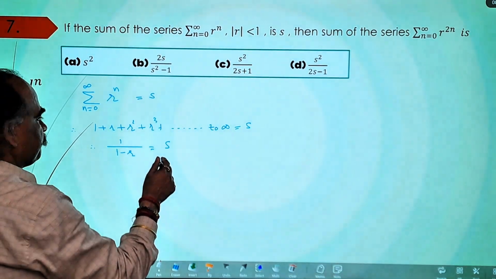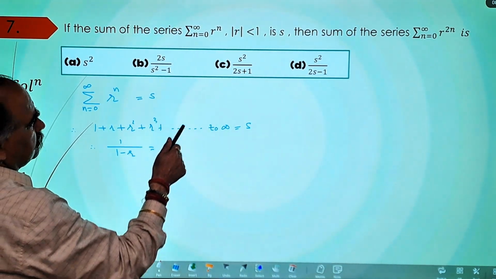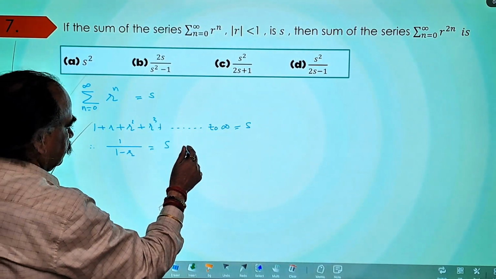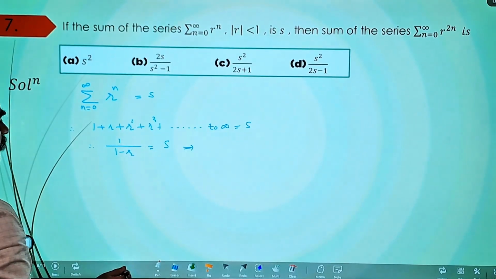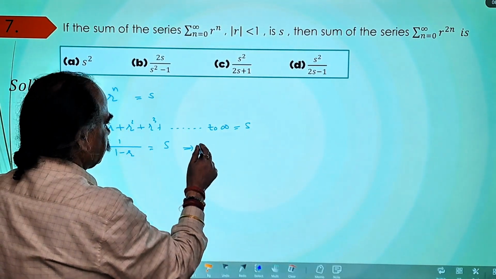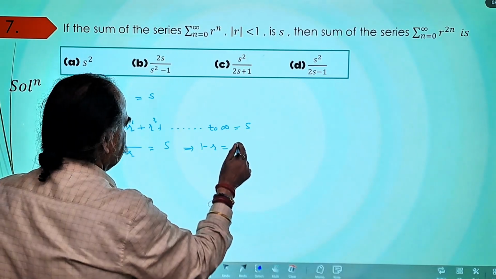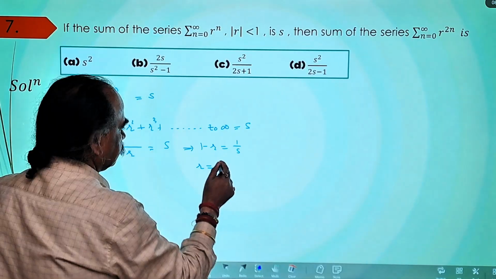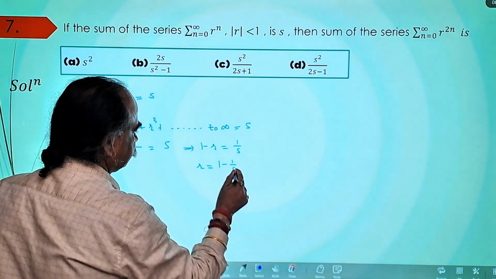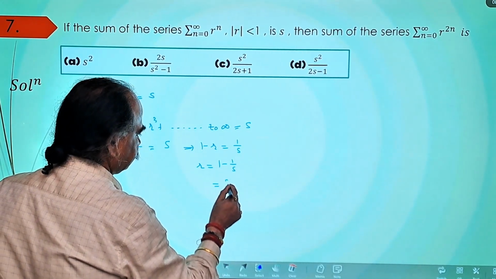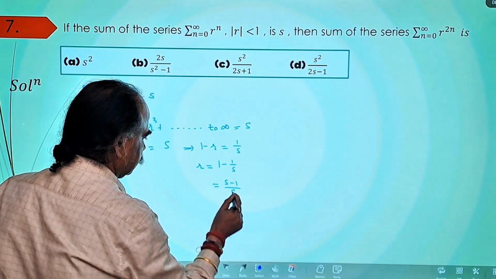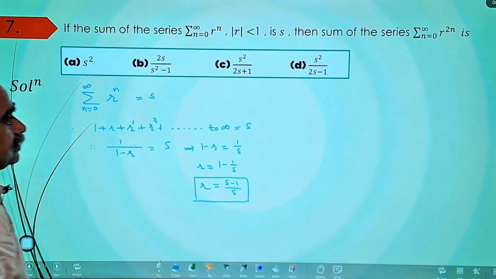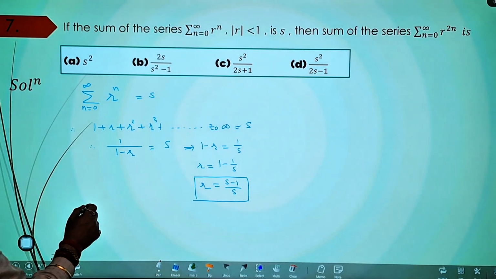So from here we can find out r, because the second one is what we want in terms of S. So what is the value of r? Take reciprocal. So 1 minus r is equal to 1 upon S. So r is what? 1 minus 1 upon S will give you what? S minus 1 upon S. This is the value of r. Now our aim is what?